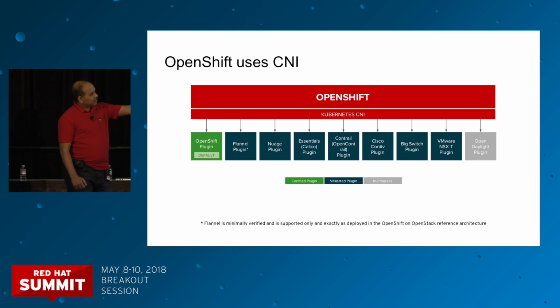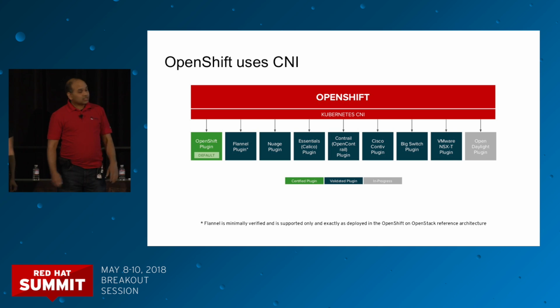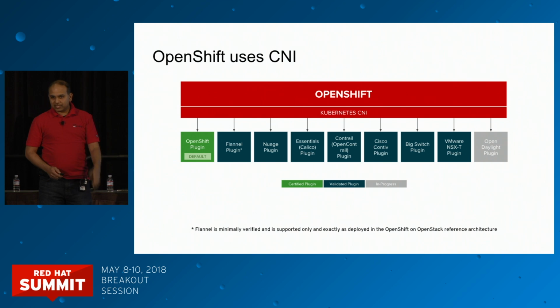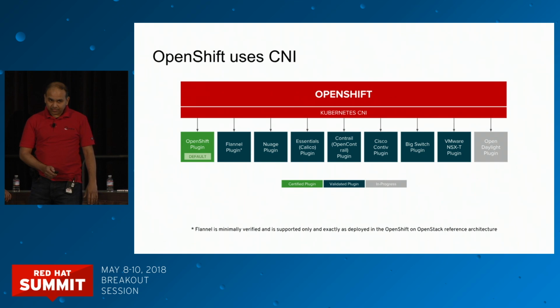And there are other plugins that are under development, which is OpenDaylight. So CNI is that standard which allows you to change these networking components as you desire. There is no specific favorite or anything, but we supply this so you can use this by default. But our rest of the conversation is going to be focused on OpenShift's SDN, not the others.